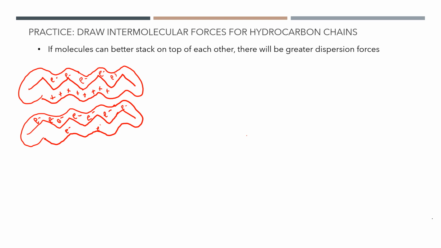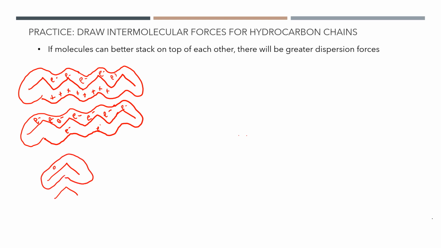And the bigger this is, the more attracted it's going to be. One, because it has more surface area, and another because it also is more polarizable, like we talked about on the last slide. So if we compare that to, say, propane, propane's forces are much less.